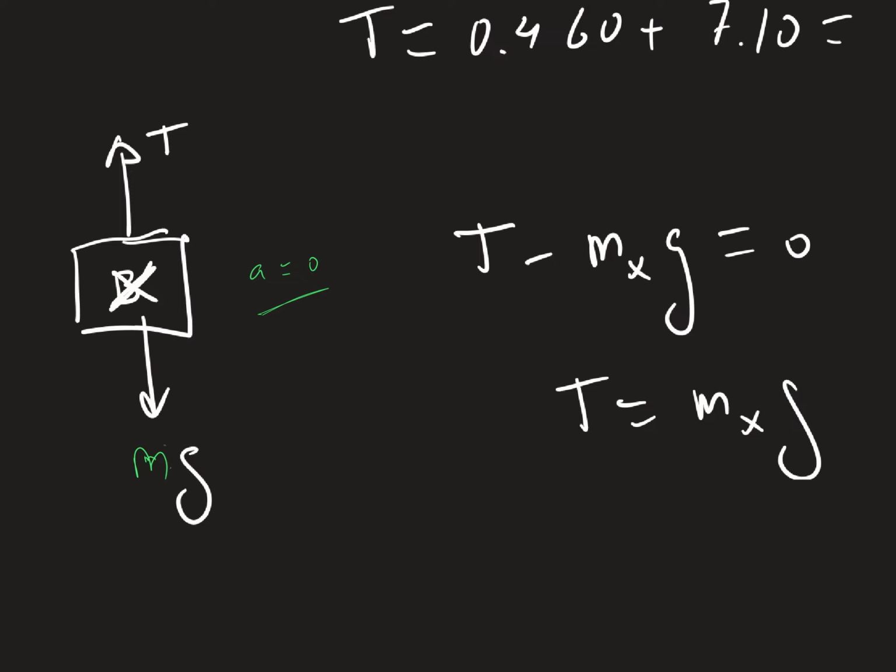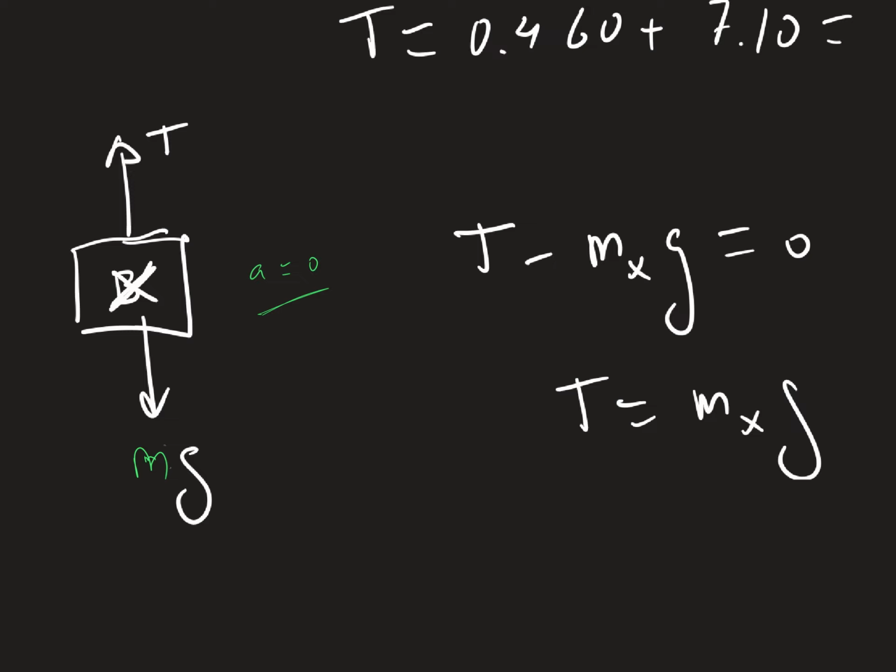The coefficient of static friction will change to the dynamic friction, and that coefficient is smaller, so the tension going up will be bigger than the friction force and the weight going downwards, because the friction force will be smaller now.